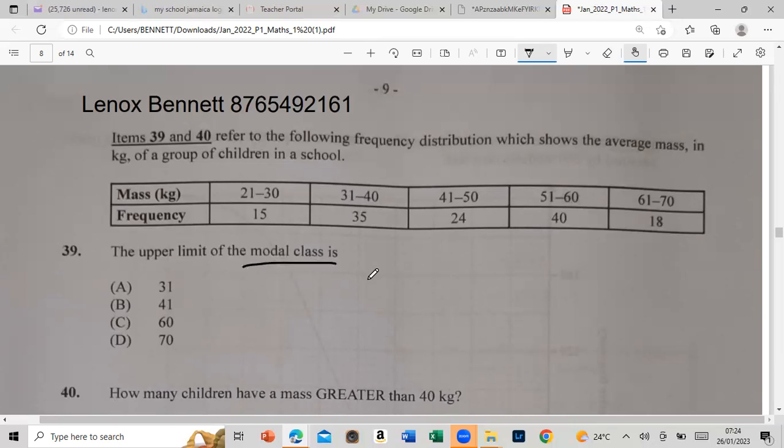Now the modal class is the one with the highest frequency. So we're going to look for the one with the highest number. So the highest frequency or the modal class is from 51 to 60. And the upper limit would be 60.